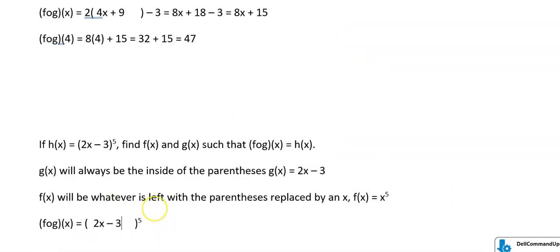Notice that 2x minus 3 to the 5th power is exactly what we started with. All right, so we can very easily check. No, we don't have to check. You don't have to do this part. As long as you follow this procedure, you should get the two original functions.